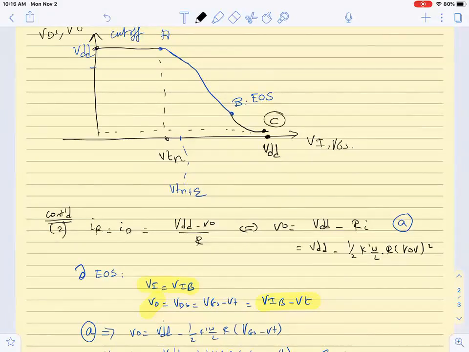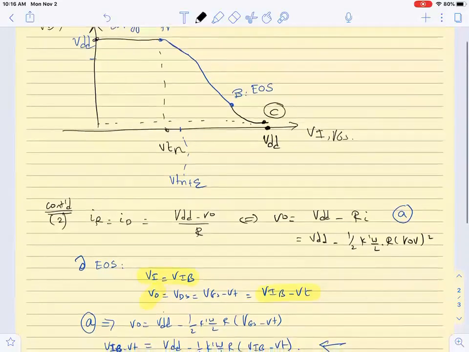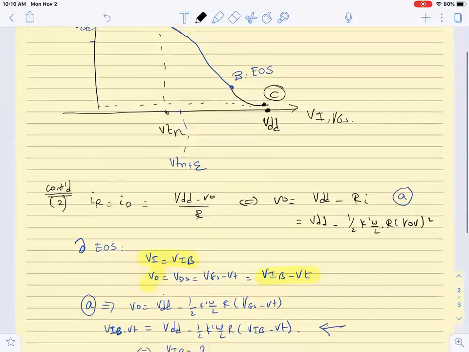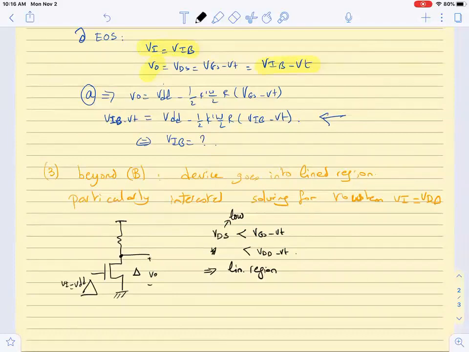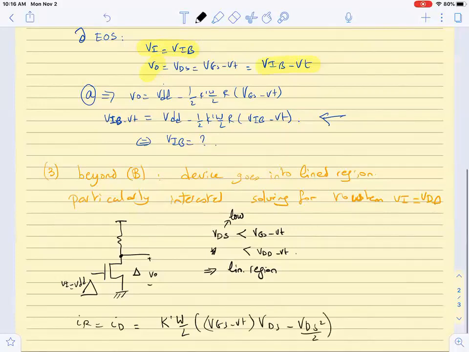Okay, so we would like to solve for this output, and the way to solve for it is to set IR equal to ID. Since it is in the linear region, the current is K prime W by L times VGS minus VT times VDS minus VDS squared over 2.